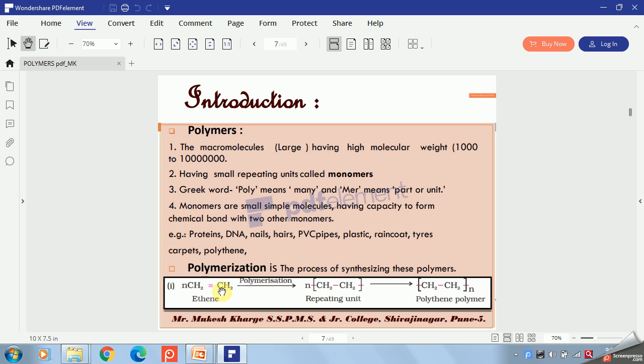So the CH2 group of the first ethene molecule combines with CH2 of the second ethene molecule, and the group that gets repeated is dash CH2 CH2 dash. That group is known as repeating unit, and it forms CH2 CH2 n times, and that compound is polythene. Simply you have to use the word poly before the monomer word, that gives a polymer.